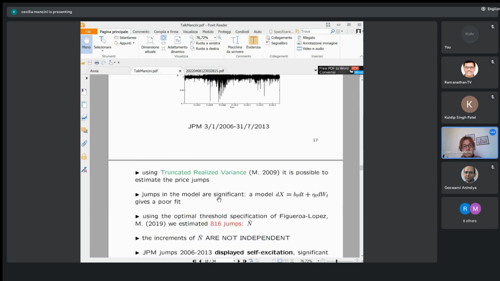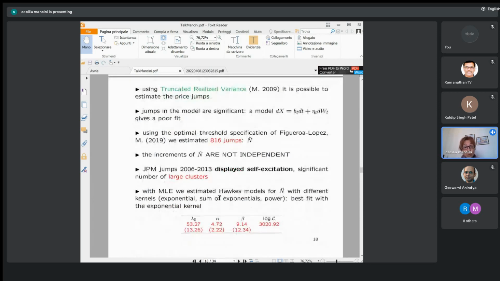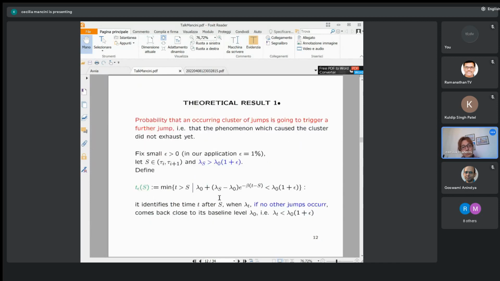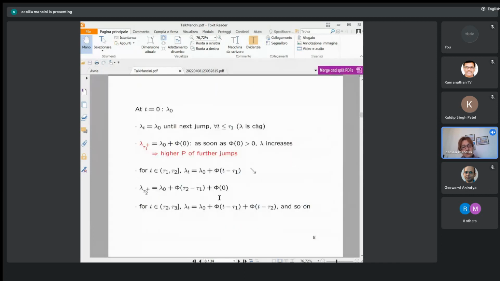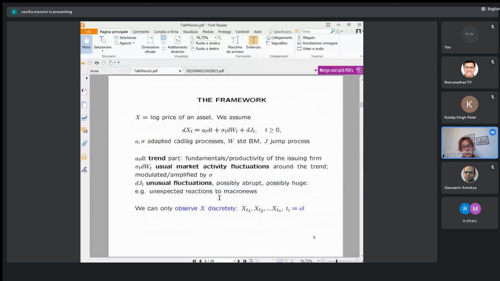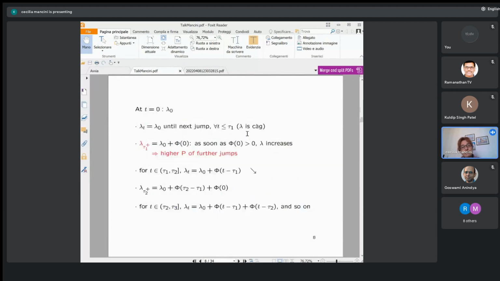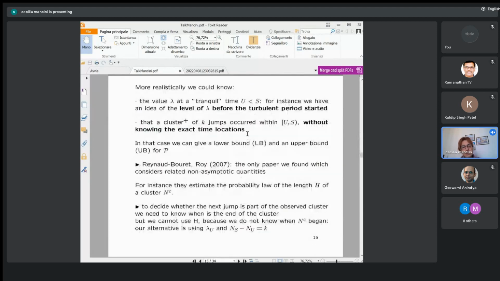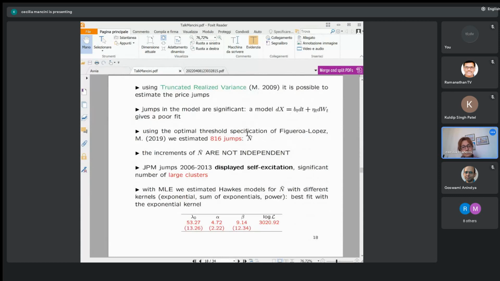Using truncated realized variance, it is possible to estimate the price jumps. You assume a model for the log prices similar to the one I've shown you before. Given a model like this, you can estimate the jump arrivals.